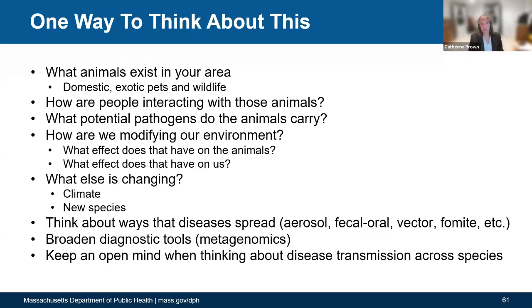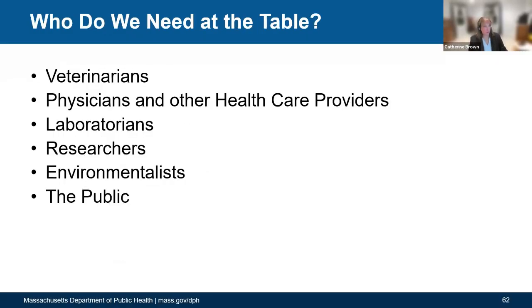And again, because of the different ways that we're interacting with animals, I think that we are creating many, many different opportunities for disease transmission back and forth. And so here's how I'm circling back to One Health, right? I said at the beginning that what we needed were all of the disciplines together to think about how we optimize health in humans, in animals, and in the environment all at the same time.